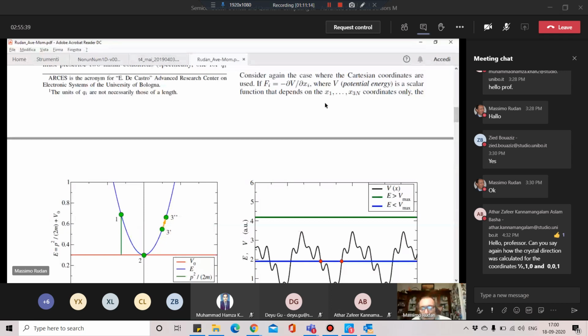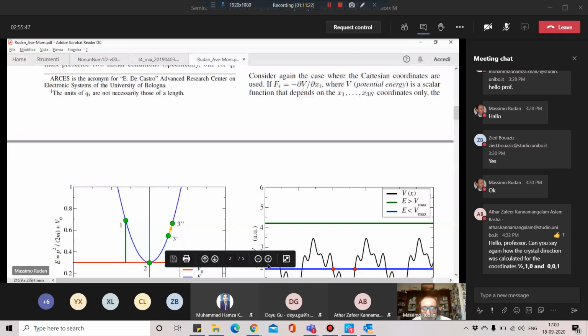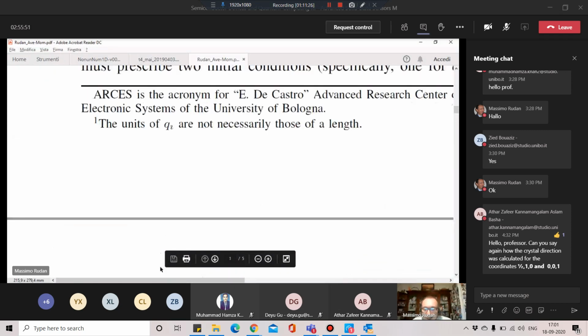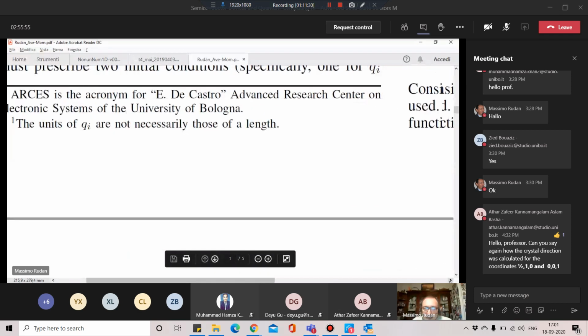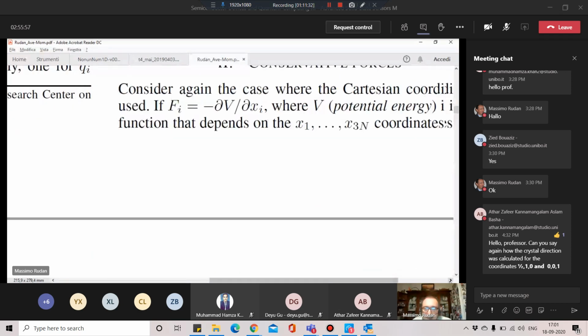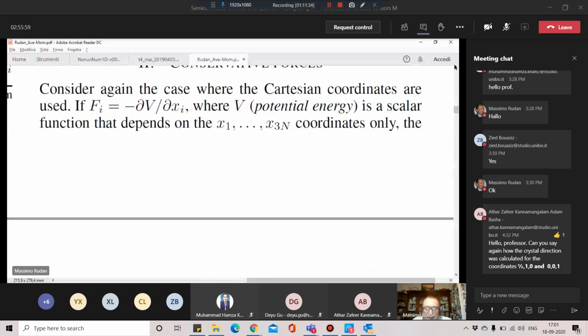You remember the meaning of conservative is this, that there exists a function V that we call potential energy. This function is a scalar function that depends only on the coordinates.